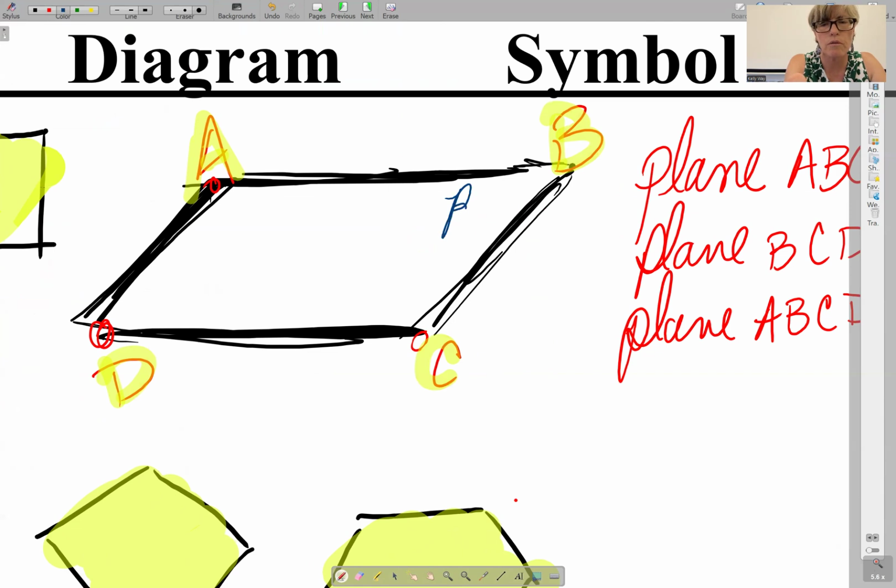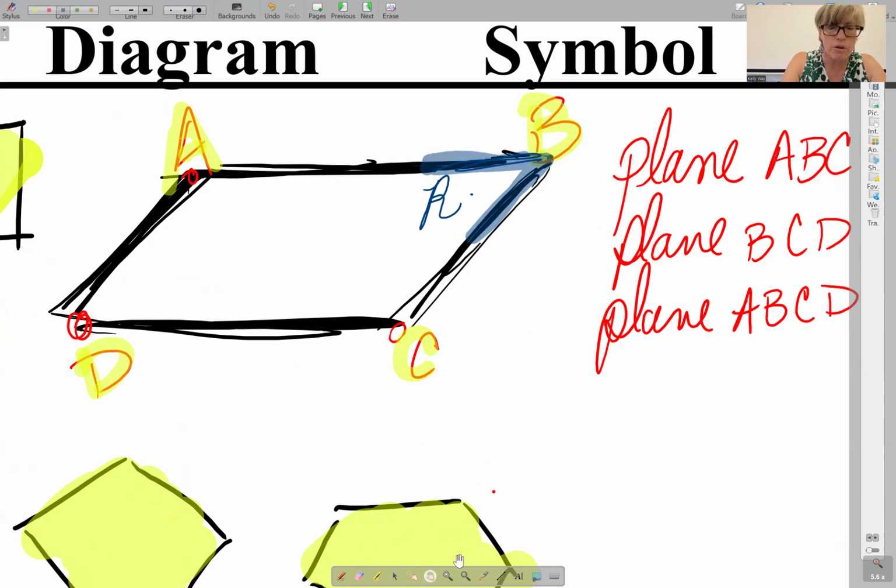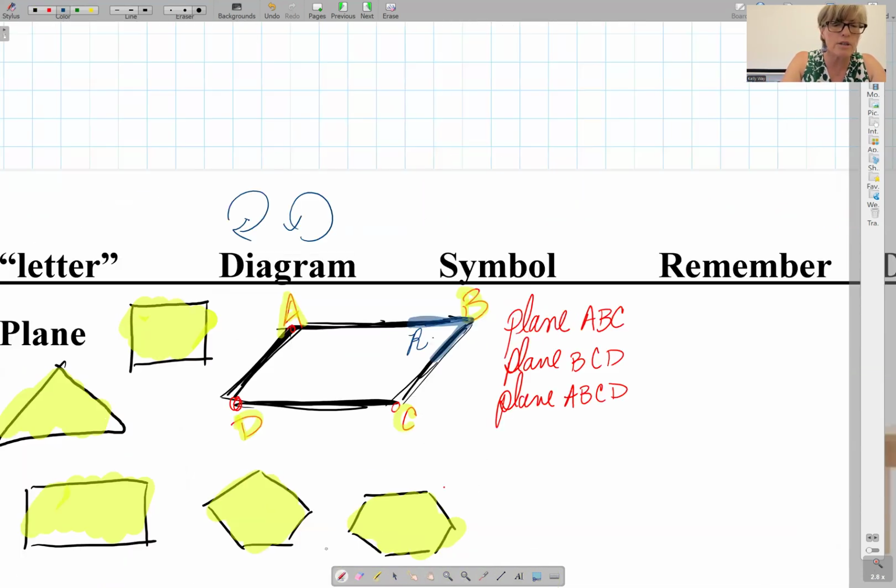Watch. It's kind of an italic R there in the upper right-hand corner only. It's not on the edge because it's not a point. It's just tucked in the corner. So I could call that plane R.